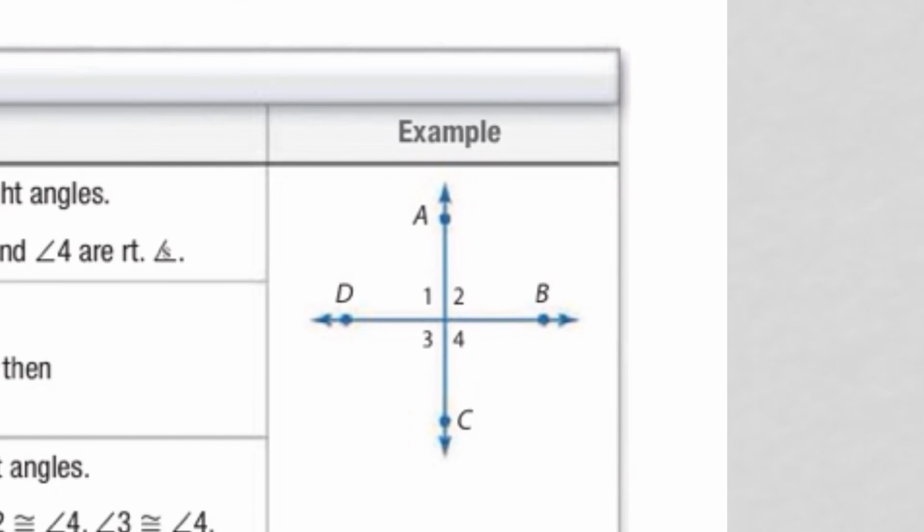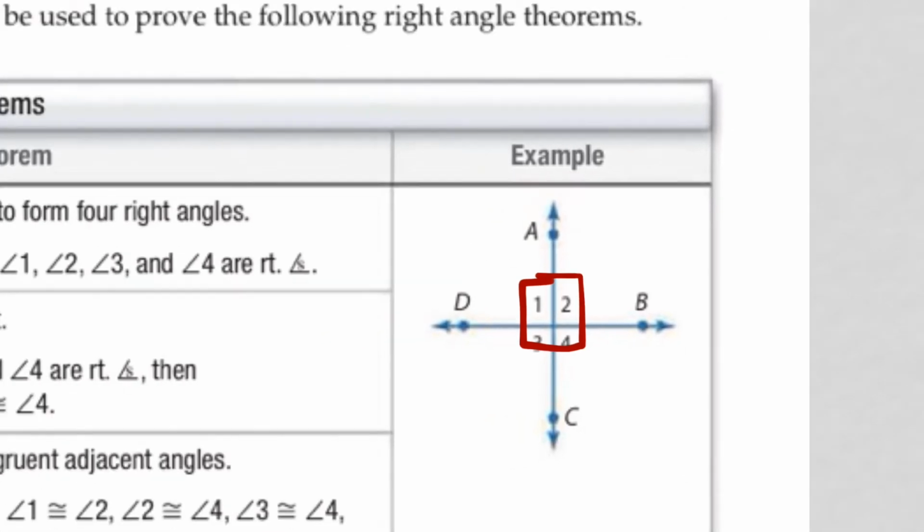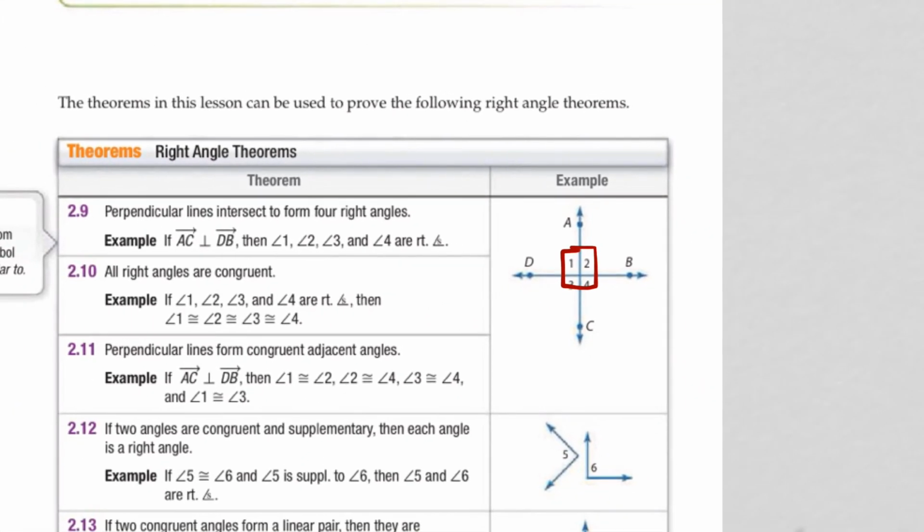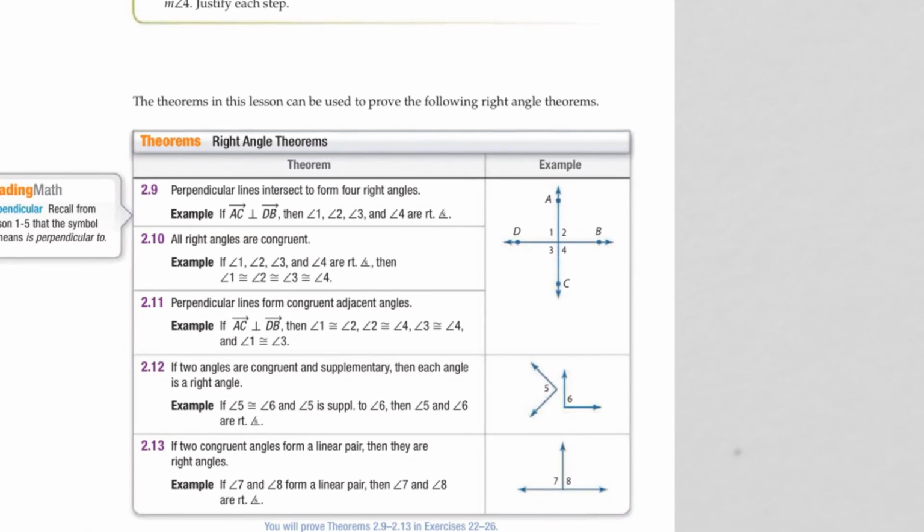If these lines are perpendicular, all 4 are congruent, but also all 4 of them are also what? Congruent adjacent angles. Adjacent, adjacent, adjacent, adjacent. They're all adjacent, technically. That one's kind of a weird one, but not too bad. It's just saying that if they're perpendicular, that means they're all 90. That means even though they're adjacent, this one's next to this one's next to that one's next to that one, they're all congruent, right?